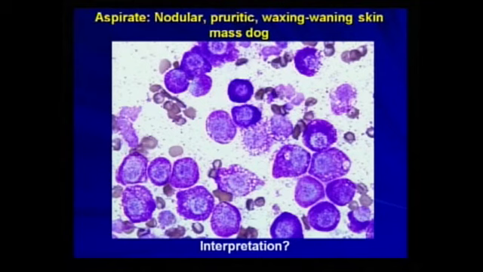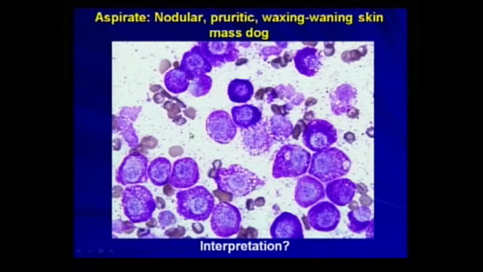Waxing and waning skin mass of a dog. Another fairly easy diagnosis. Numerous round cells with purple metachromatic granules. And if you look closely, remember when these cells degranulate, and we have all these granules out here, they often leave these little white holes.